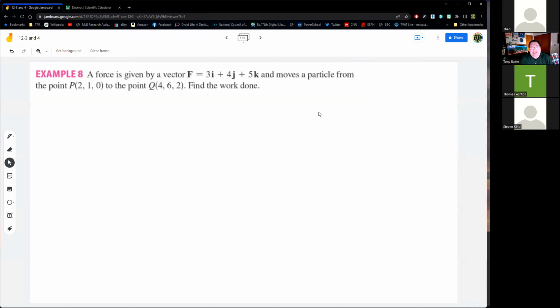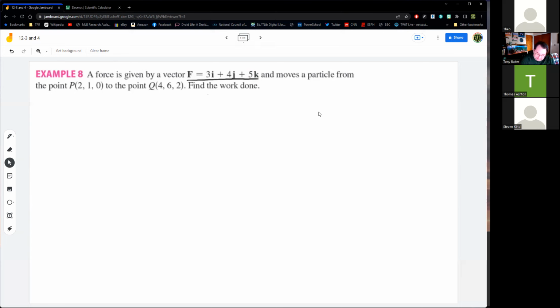Both of them will actually give me the same information, so I don't necessarily have to have the angles if I have the dot product. It says the force is given by a vector of this, and it moves a particle from point P to Q. So the first thing I have to do in this problem is figure out my displacement vector, my D.